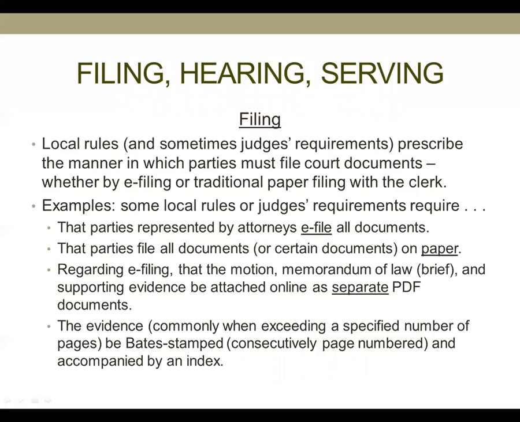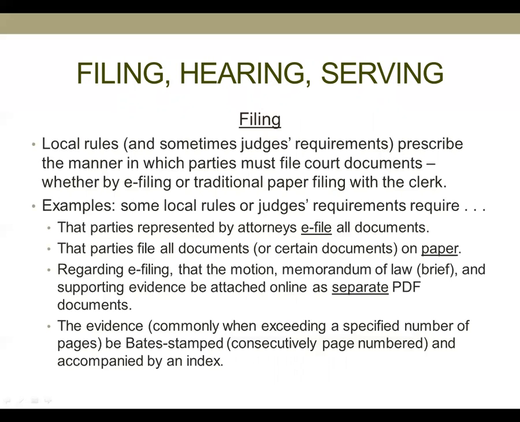In addition, if you're filing evidence, like if you have a bunch of documents that you want to support your motion with, some courts will require that they be consecutively numbered at the bottom. Traditionally you would use a Bates stamp, a rubber stamp where the page number automatically advances, and you very quickly stamp all of the pages at the bottom so they'll be consecutively page numbered.